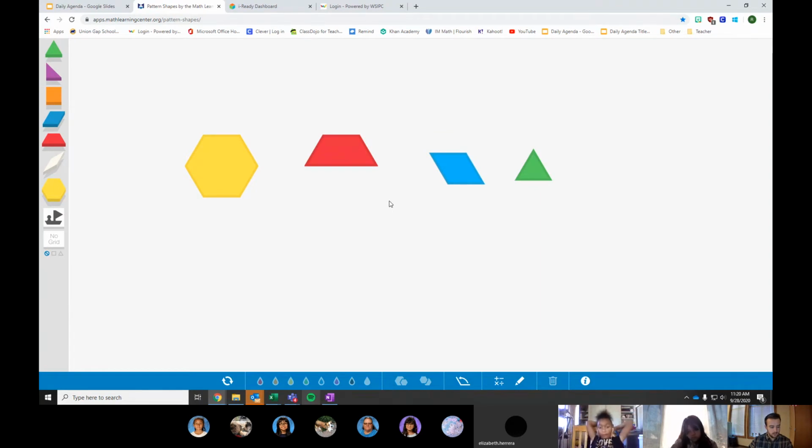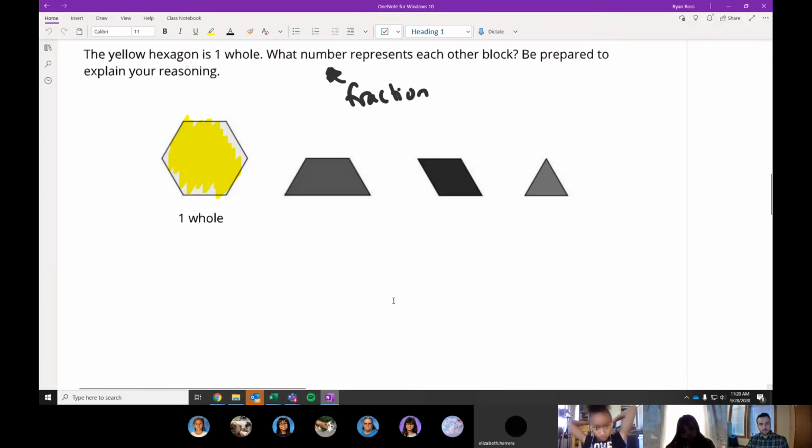Daniela? 2. It'll take 2, right? I can even show you. If I were to take my 2 shapes there, there's a perfect hexagon using 2 trapezoids. So if I pull my notes up again, it'll take 2 of these guys to fill that. On Thursday, we talked about fractions.